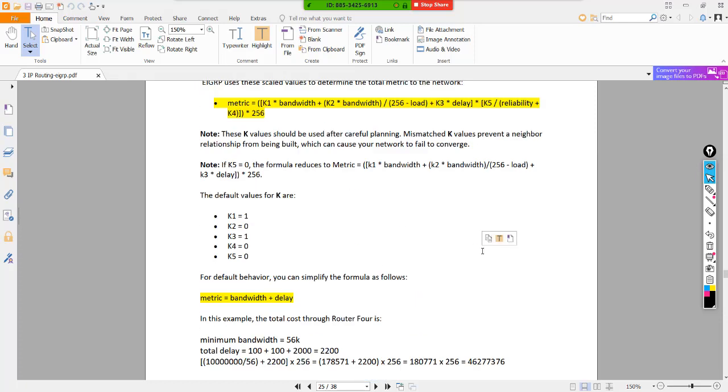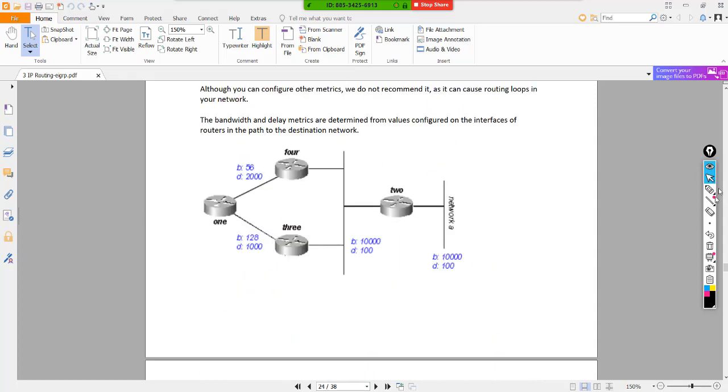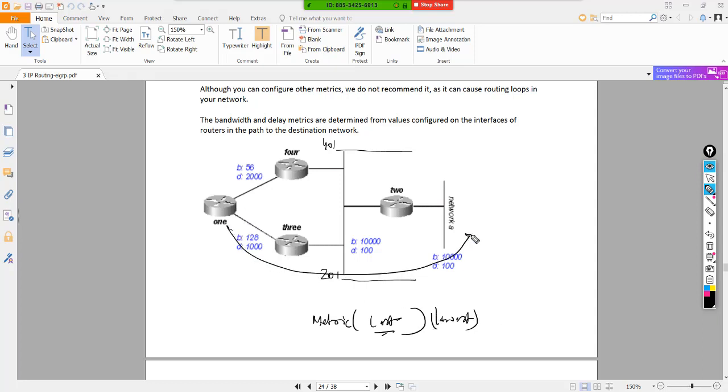From this diagram, the cost value is 40 and some value, and this is in terms of 201 and so on. Which is lowest now? As you know, the metric is cost. Who will win the election? The lowest one will win the election. So in this case, this is the lowest path, and this is going to win the election.